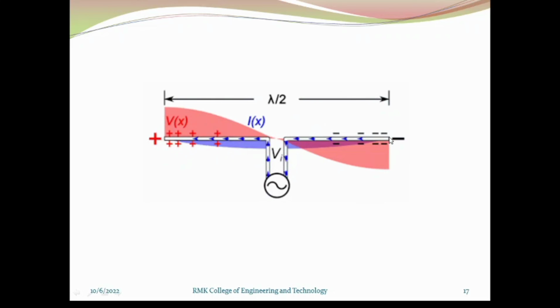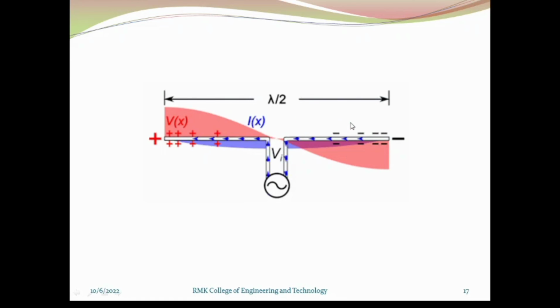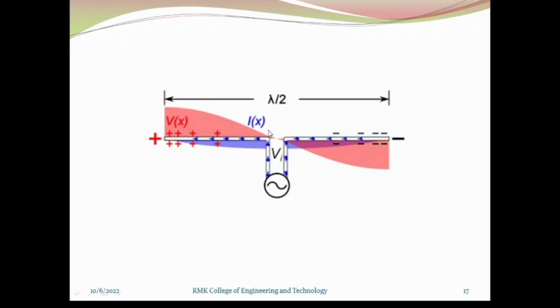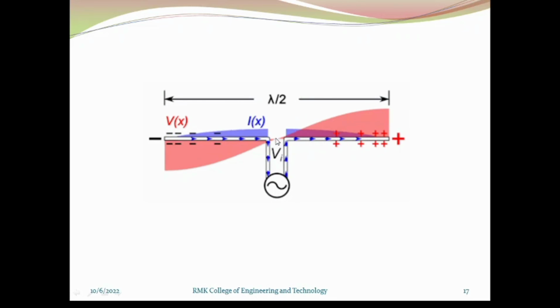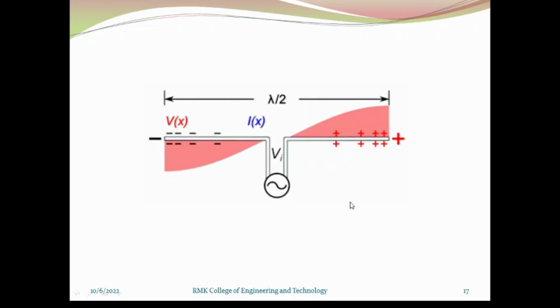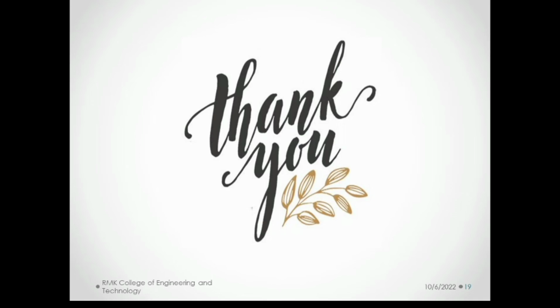See here, the positive and negative polarity at both ends of the terminals are interchanged because I am applying an AC signal, right? So the voltage distribution will be 0 at the middle and maximum at both ends, whereas the current distribution is maximum at the middle and 0 at both ends. So this is the voltage and current distribution of a small antenna. These are the respective diagrams, and with this we will complete today's class.